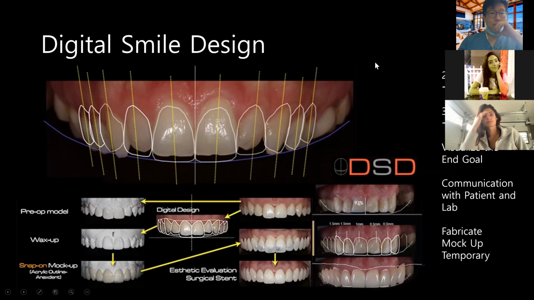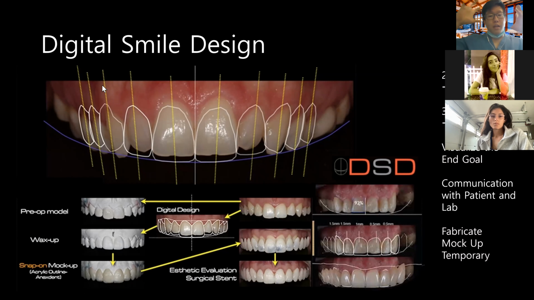Okay, so again, digital design, digital technology here. In aesthetic dentistry, a common digital technology that's utilized is digital smile design. So you basically take pictures of the patient to get some information, smile picture, headshot photo, and then it's a 2D design because it's just a photo, and then you put it on your big computer screen, and you use a software to overlay the outlines of what the ideal teeth shape should look like, okay?